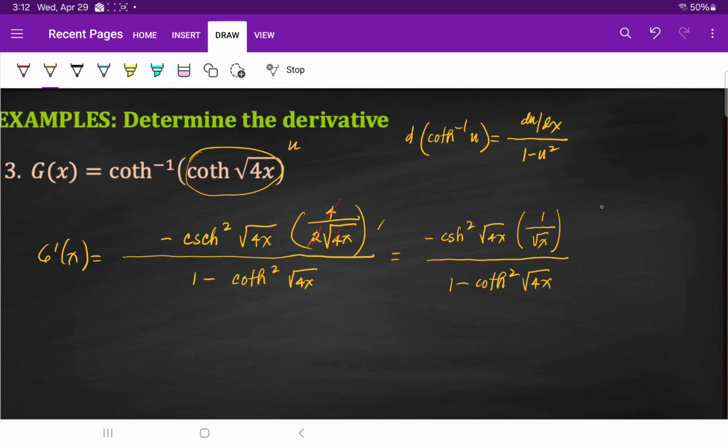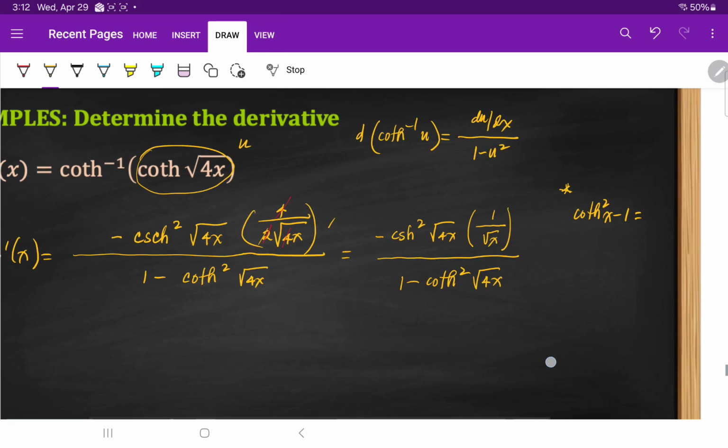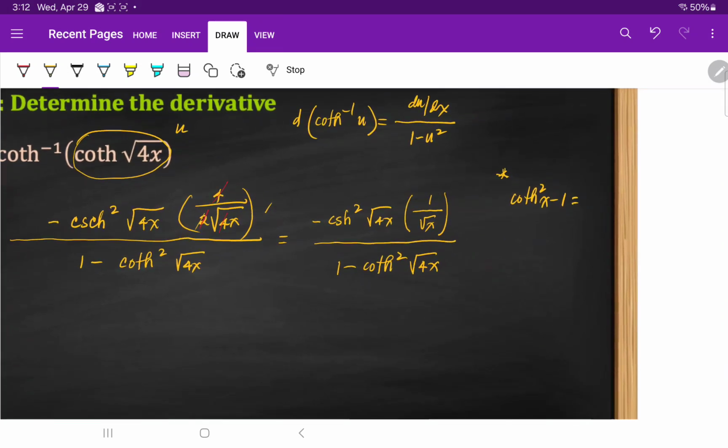So by using the identity, we have cotangent. Our identity is that, let's write it here. We have hyperbolic cotangent square x minus 1 is equal to hyperbolic cosecant square x. Let's rewrite it.